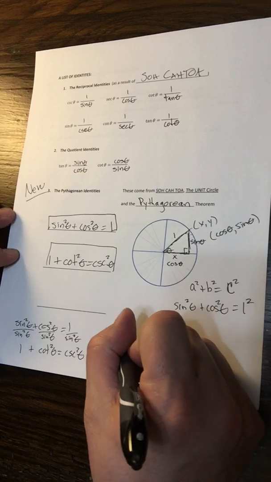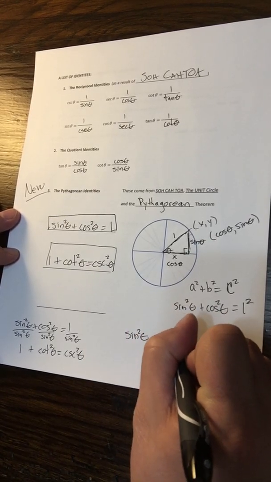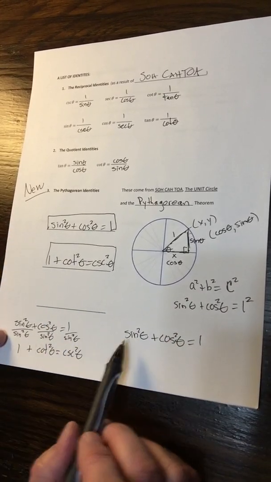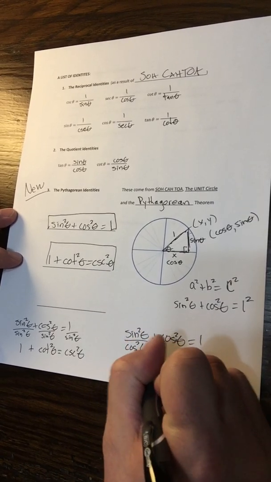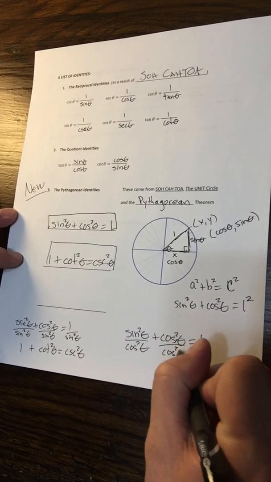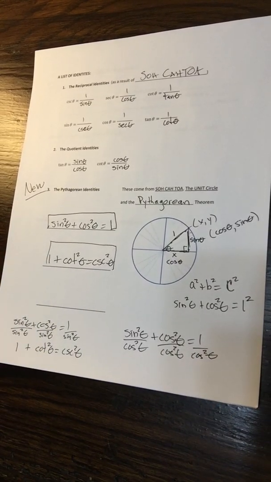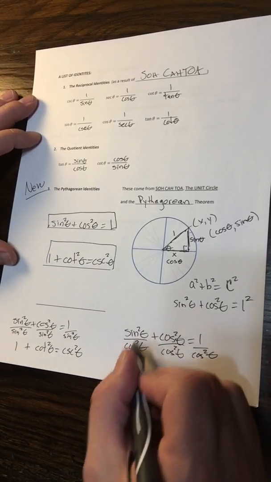And I got one more thing to do. Watch, I'm going to write the original again. Sine squared theta plus cosine squared theta equals 1. And this time, instead of dividing by sine squared, I'll divide by cosine squared. Divide by cosine squared theta, divide by cosine squared theta, divide by cosine squared theta. That's an algebra trick you've done forever. Divide everything by like 2 if you're dividing by 2. Sine squared over cosine squared.